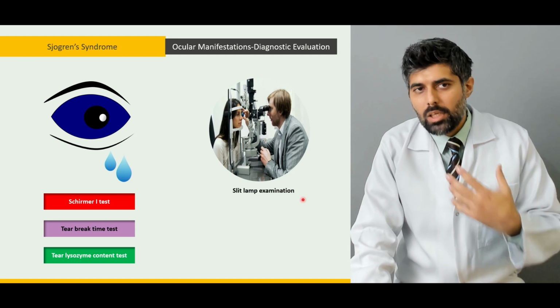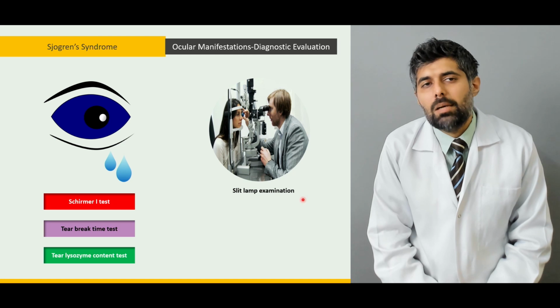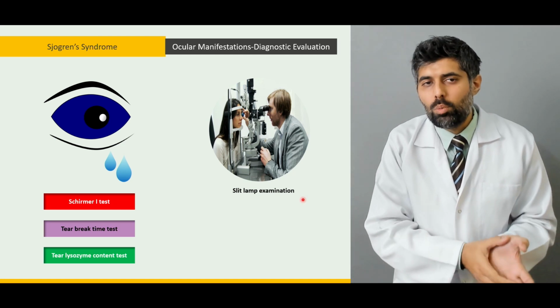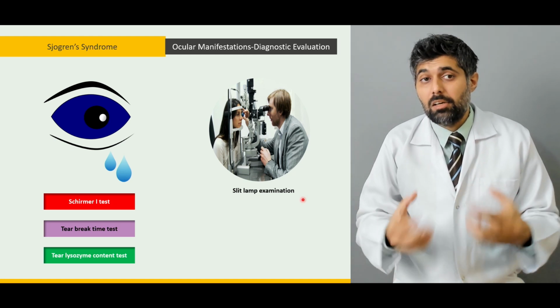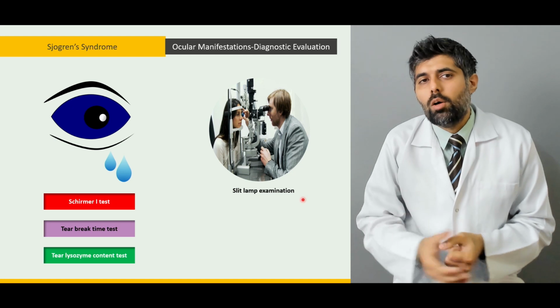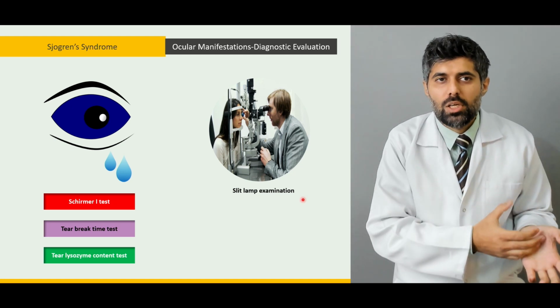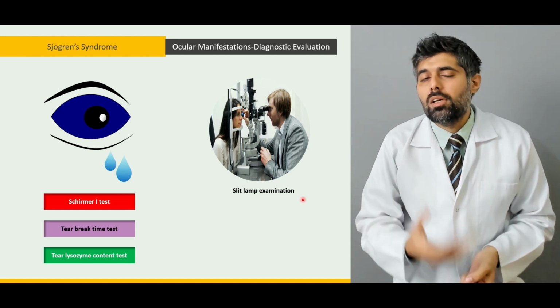Another way that we can examine is by a slit lamp examination, because during sicca syndrome, not only the sclera is hurt and inflamed, but the cornea of the patient is also sometimes damaged, and that damage results in what is called corneal ulcers.